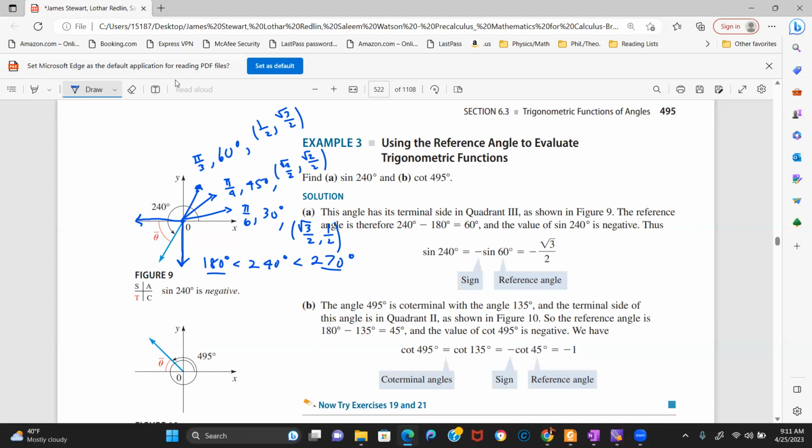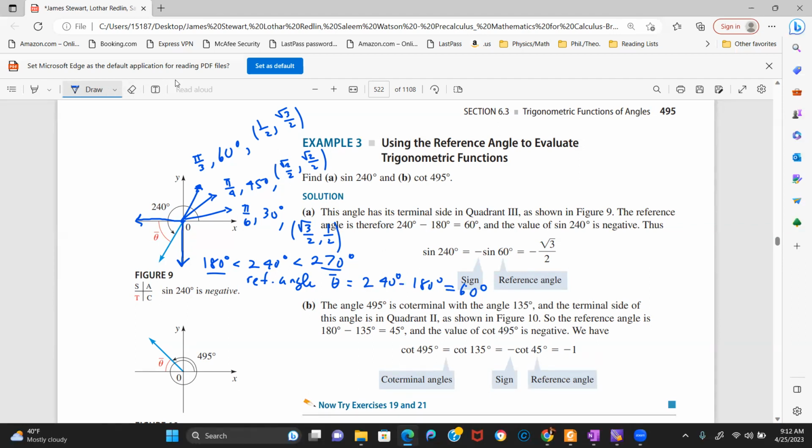So the reference angle in this case, theta bar, is going to be 240 degrees minus 180. It's going to be this acute angle right here, so it's going to be 60 degrees.